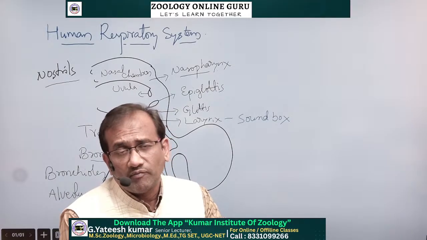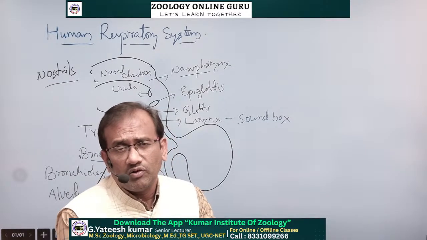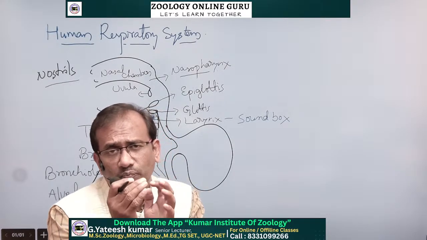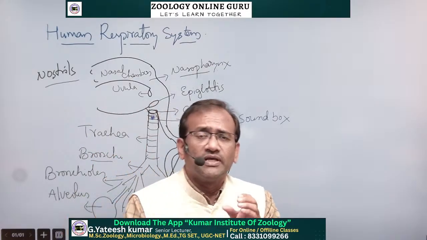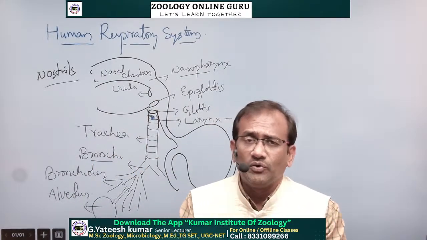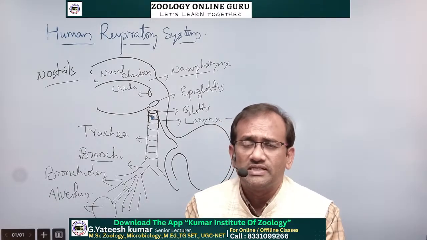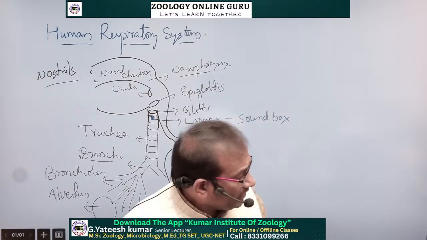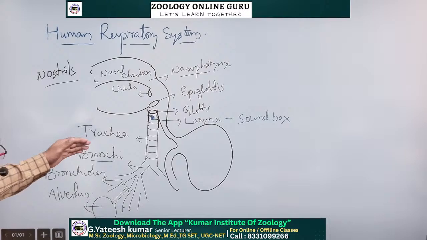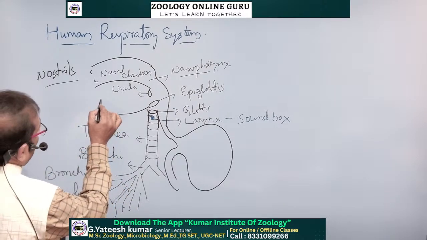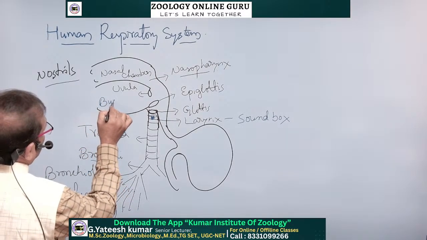After the alveolar bronchioles, the end part is a small bag known as the alveolus. A group of alveoli collectively forms an alveolar sac. So here, what we are discussing is the oral cavity or buccal cavity.